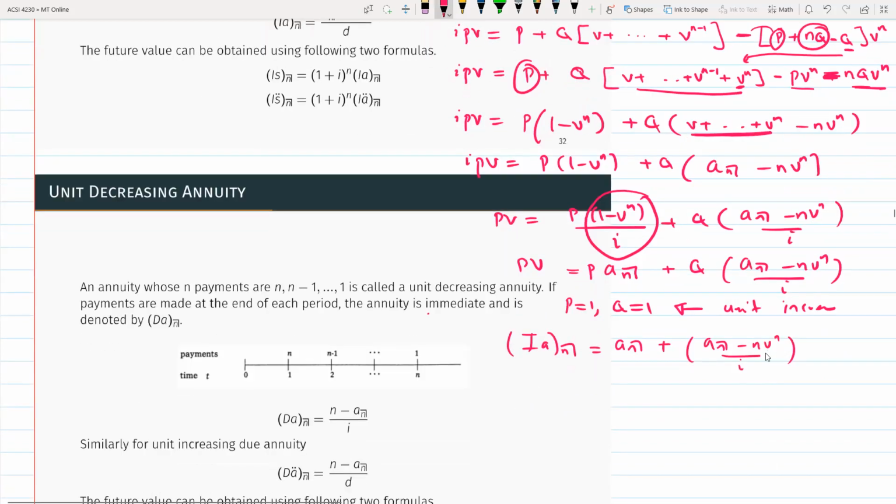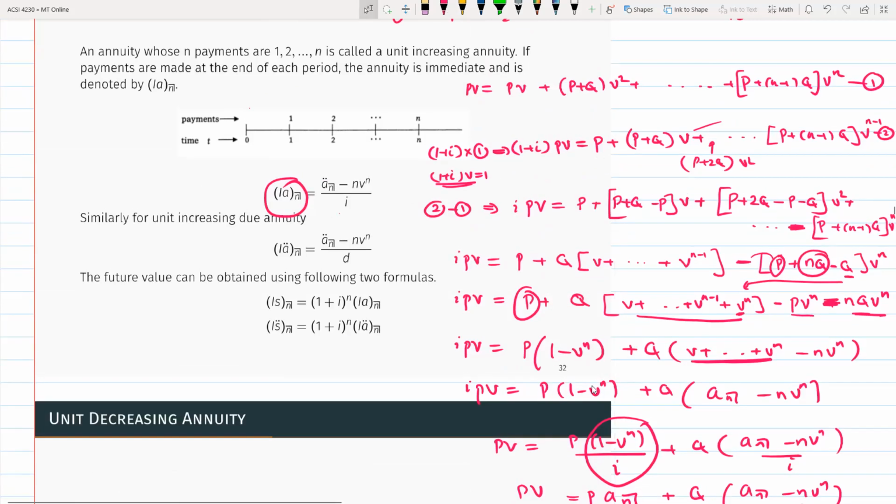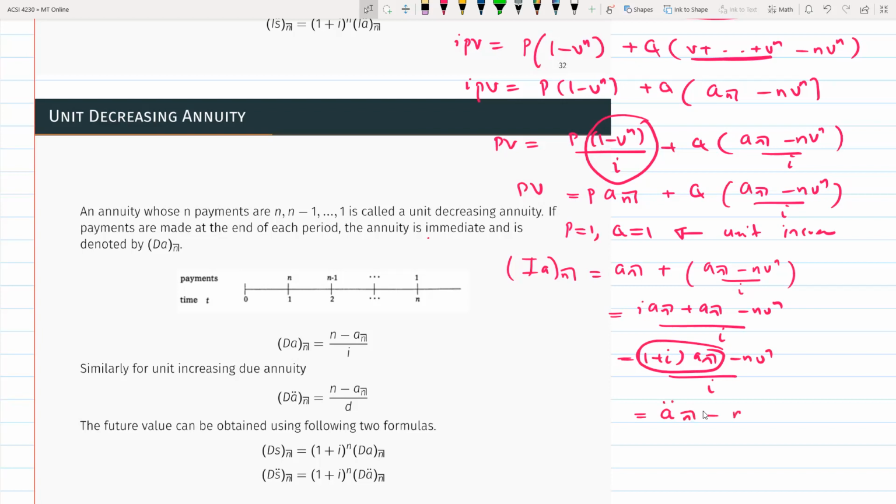What you can do, you can take the common factor, because you can see that's a nice formula. So let's try i times an plus an minus i, which gives you (1 plus i) times an minus nVn over i. And this is actually the annuity due formula. You can check it. So that's how you get that nice formula.